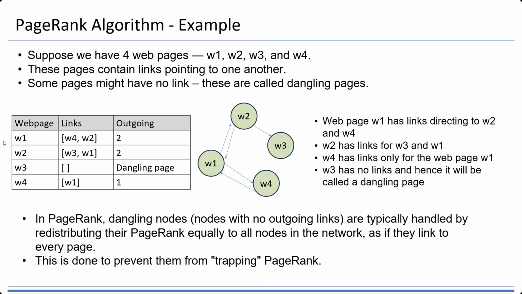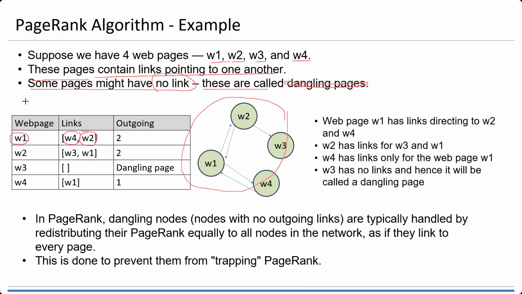Now let's suppose we have 4 pages: W1, W2, W3, and W4. These pages contain links pointing to each other. Some pages might have no links. We call these dangling pages. Dangling pages means there is no link. Now, let's see this one. We have W1, which is web page 1. There is a link to web page 4 and web page 2.